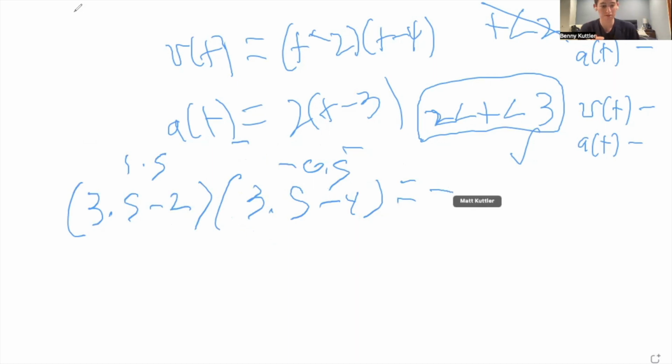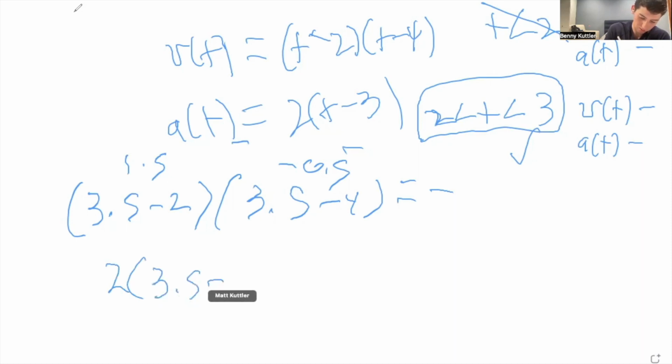We don't care what it is. And now if we look at acceleration, we have 2 times 3.5 minus 3. 0.5 times 2 is positive. Positive and negative, that does not work.